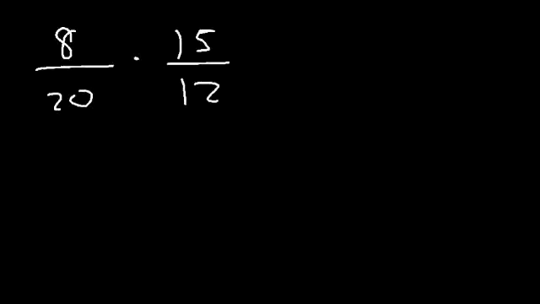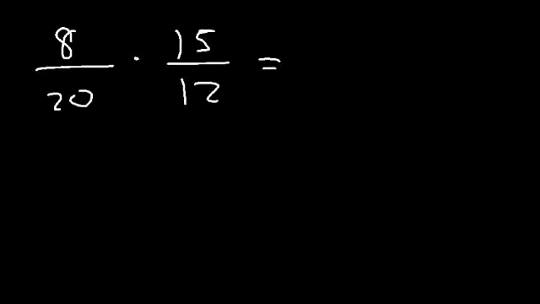Now let's say we have a fraction with large numbers. Now we can multiply across. However, we're going to get bigger numbers, and then we'll have to reduce the fraction. So if you're dealing with large numbers, simplify first before you multiply.